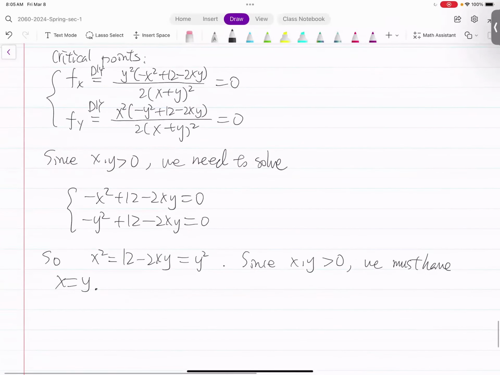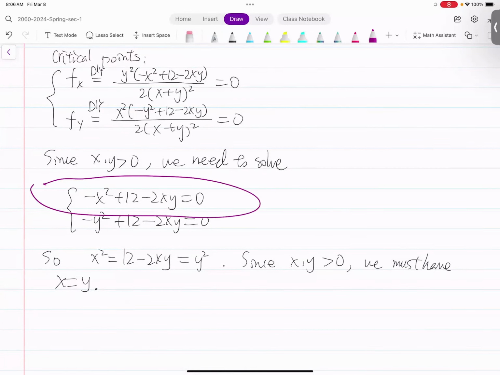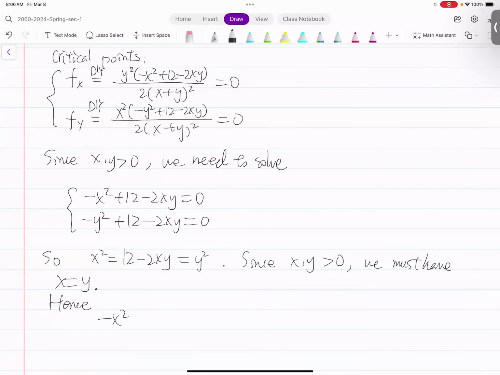And now once you know that x and y must be equal, then you can utilize either one of the equations to solve for the actual value, right? So if we look at the first equation in the system, it tells you negative x squared plus 12, now y must equal x, so this is minus 2x squared, equals 0.